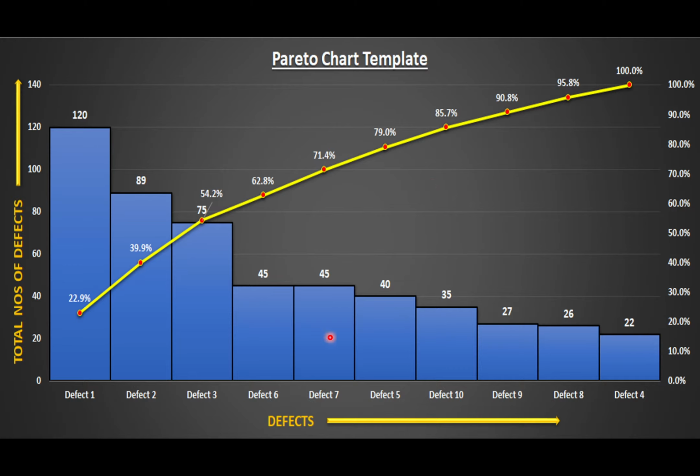Out of these 10 defects which are impacting your outcome, with this tool you will be able to identify which defect types you need to arrest on priority, which will help you get the majority of the outcome. If you see defect 1, defect 2 and defect 3, if you control these defects on priority, you will be able to control your problem statement.